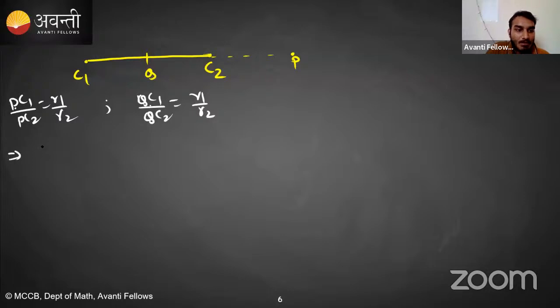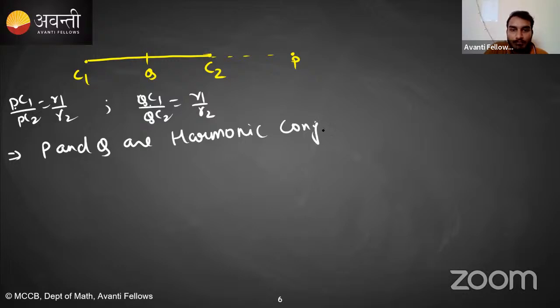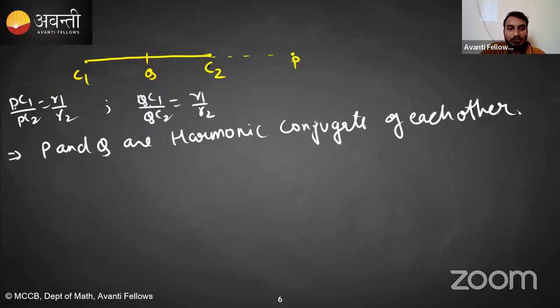So you can say that P and Q are harmonic conjugates of each other. These things we have already talked about in the straight line chapter. What does this mean? It means C1Q, C1C2 and C1P are in HP.